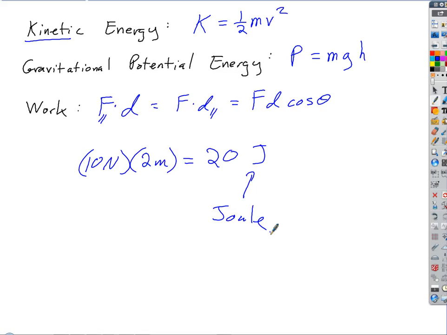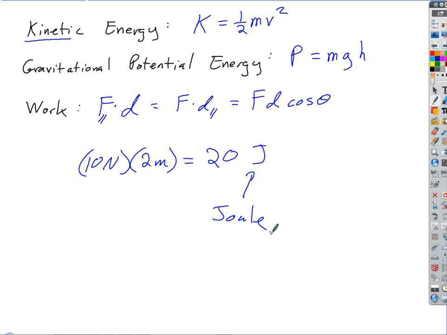Work can't be negative, can it? It can be. So what is that work going to be? Negative. Okay, it's going to be negative 40. How come? Because there's a couple ways we can look at this. If we don't want to mess with the angle, which we don't really have to, because the forces are all acting on the same line here, right? Let's call this the positive direction and this the negative direction.